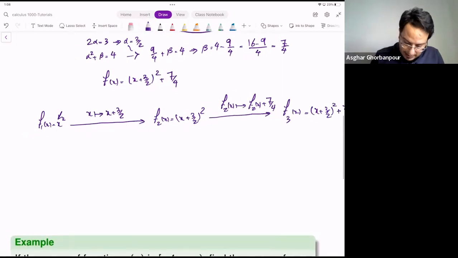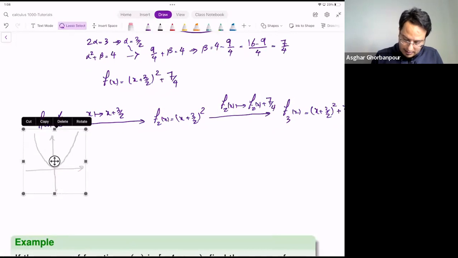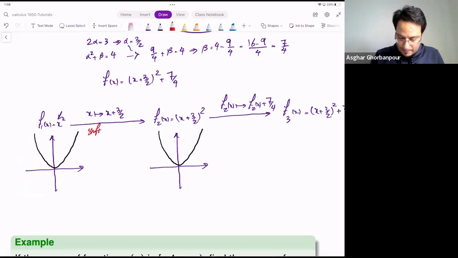Why is this important? Because, okay, if I have the graph of this function, which is the standard parabola, I can go ahead and copy and then paste it here. The second one, this guy here, says shift horizontally 3/2 units to the left.